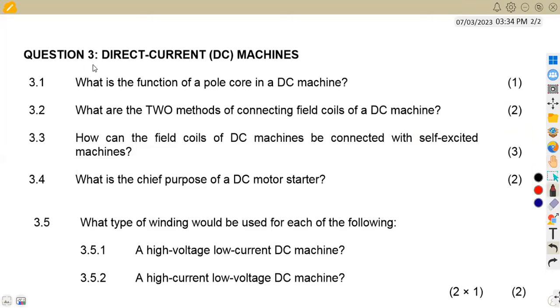We discussed in our previous class that it is used to hold, or to strengthen, the magnetic field in this case. So this one is used to hold the field windings, which we can simply give as to strengthen the magnetic field.